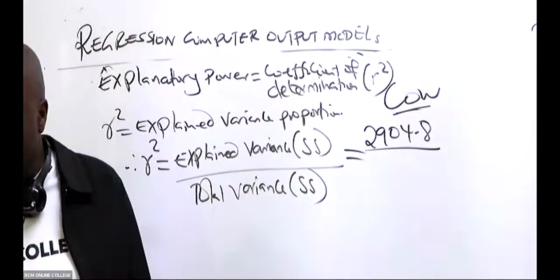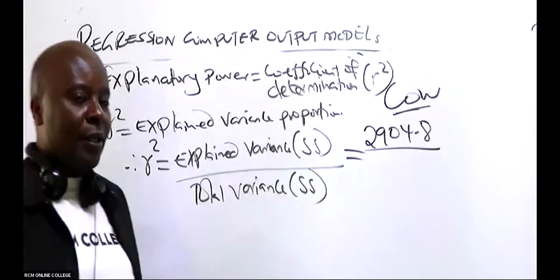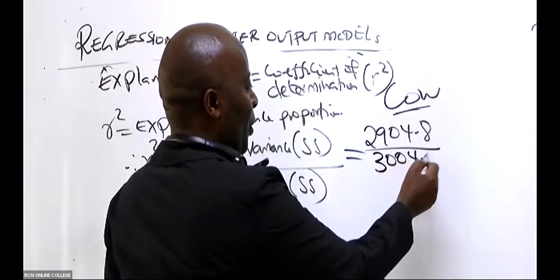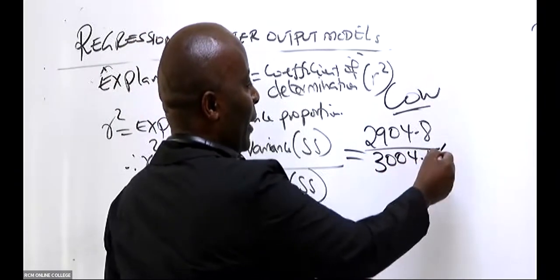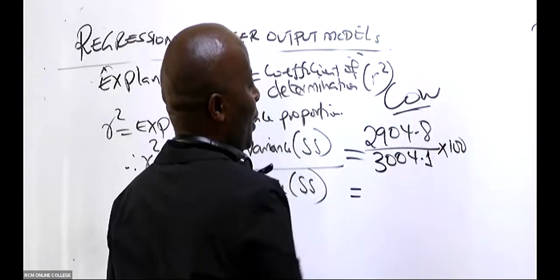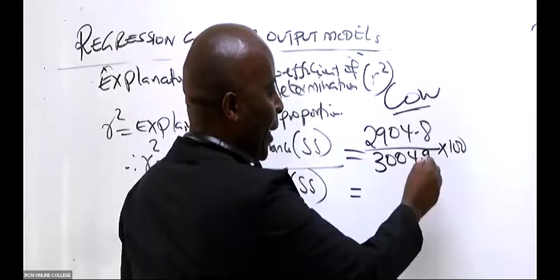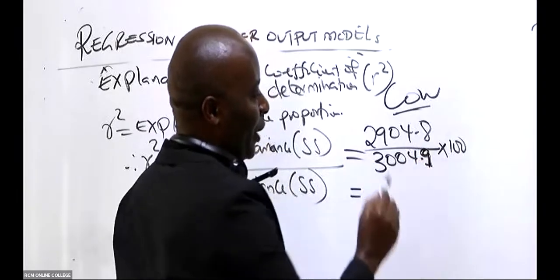Could you kindly remind me what the total variance was? Times 100%, which gives us 0.9, thank you so much for that.